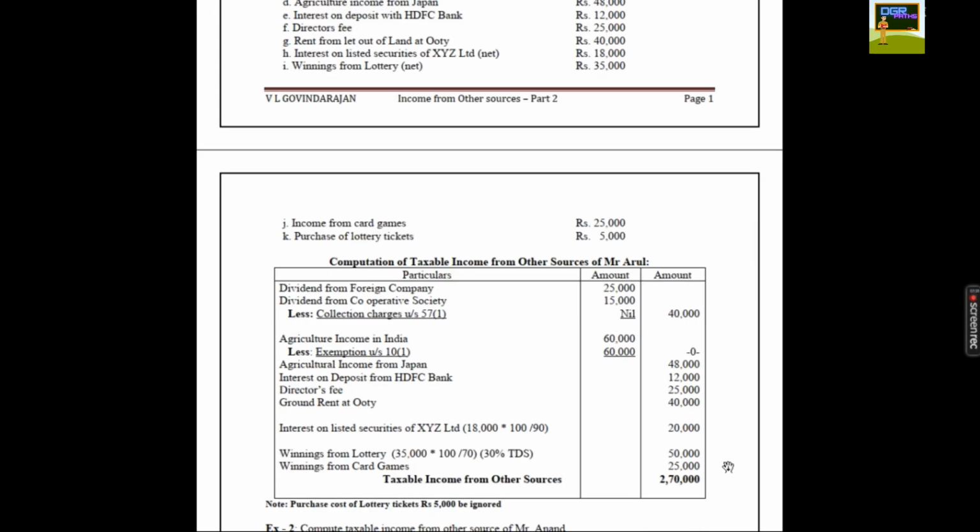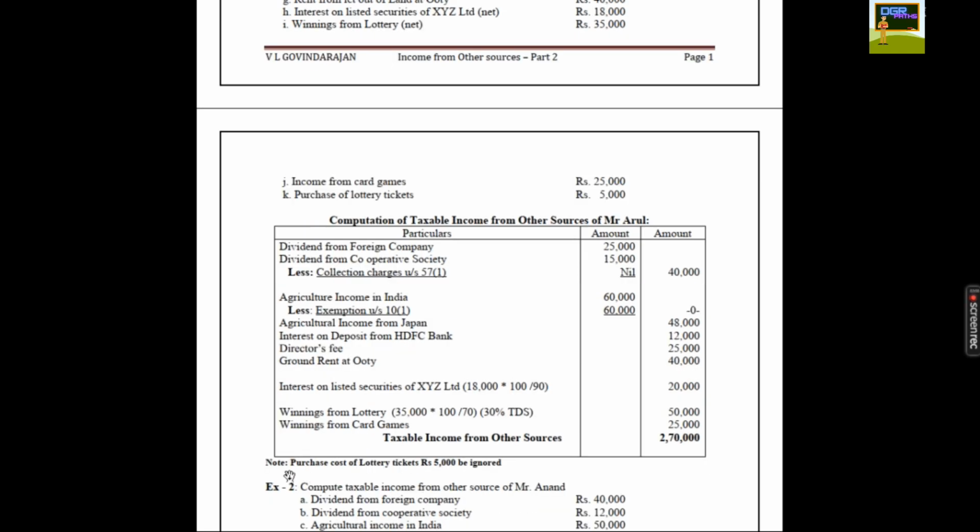Interest on listed securities of XYZ Limited was the net amount, so we converted it into gross by multiplying by 100 and dividing by 90. Winnings from lottery are also the net amount. We added the tax of 30%. So the gross amount will be 50,000, and winnings from card games 25,000. Here note the purchase cost of lottery tickets, rupees 5,000, is ignored.